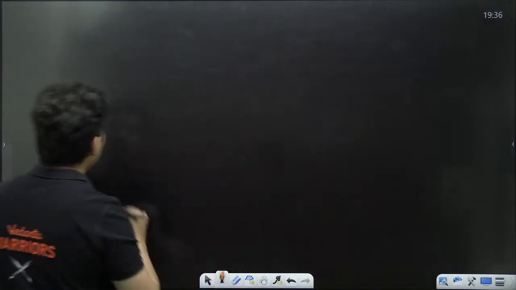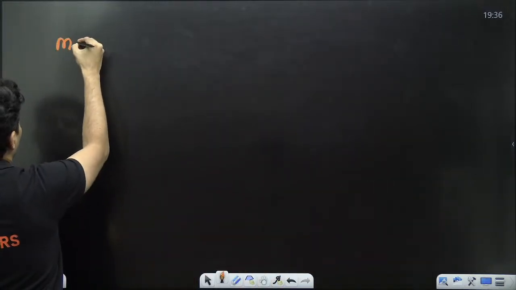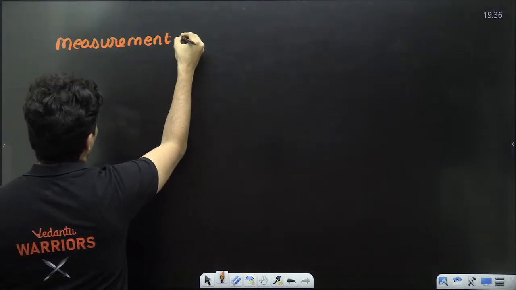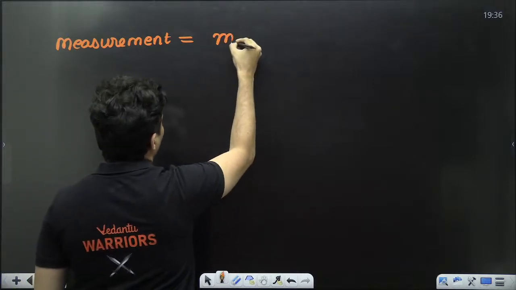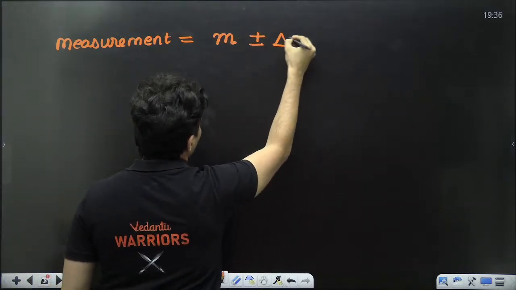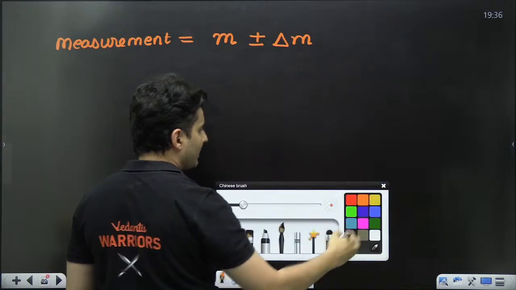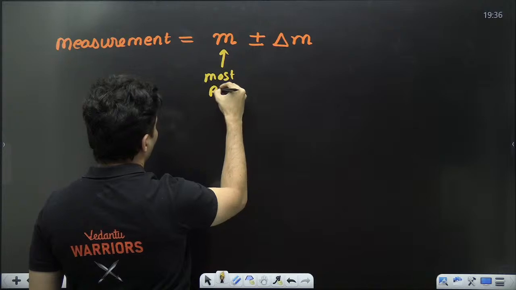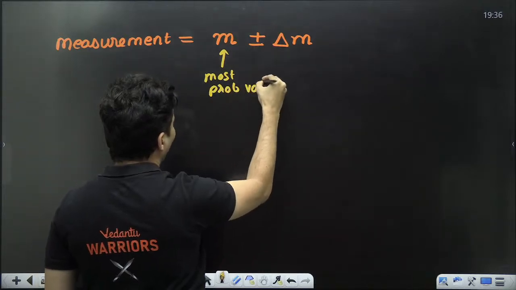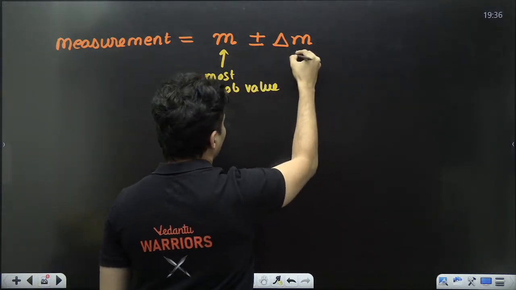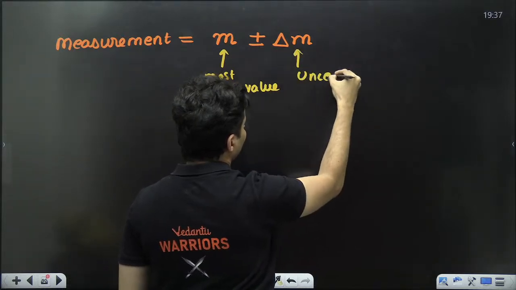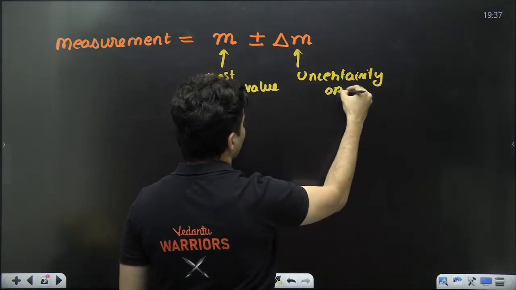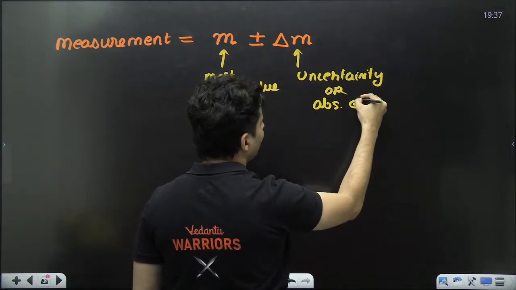Now, any measured value is often represented as m plus or minus delta m. Like I said before, m is the most probable value. This one is your uncertainty, or just called the absolute error.